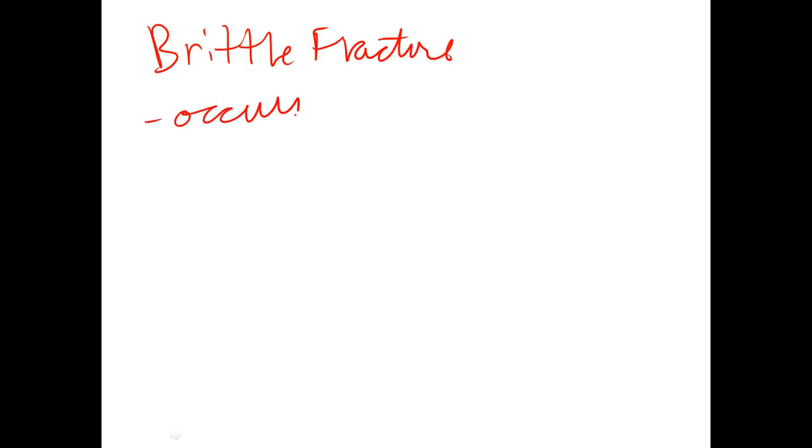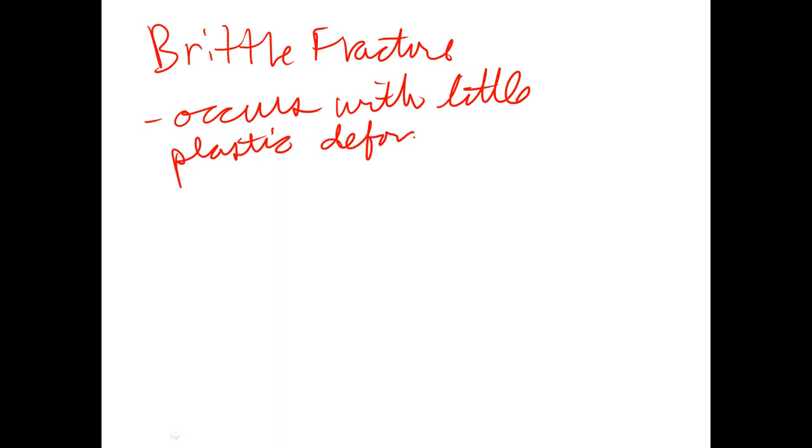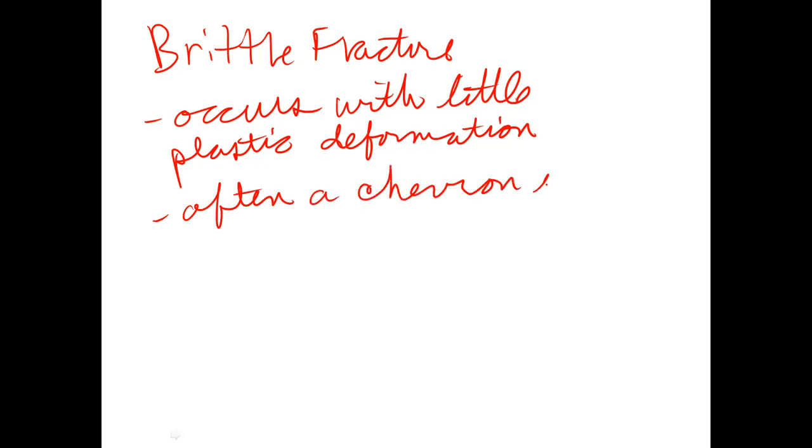So to summarize a little bit about brittle fracture, it occurs with little plastic deformation. Often a chevron marks the point of origin.